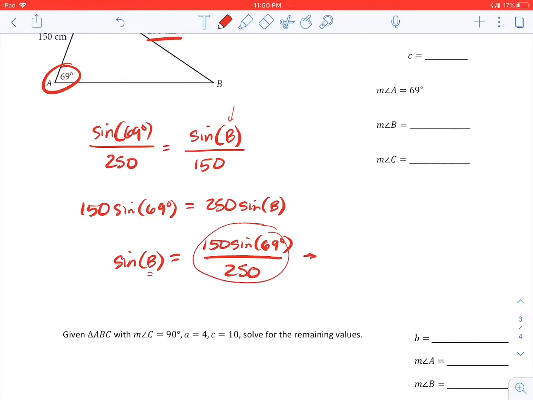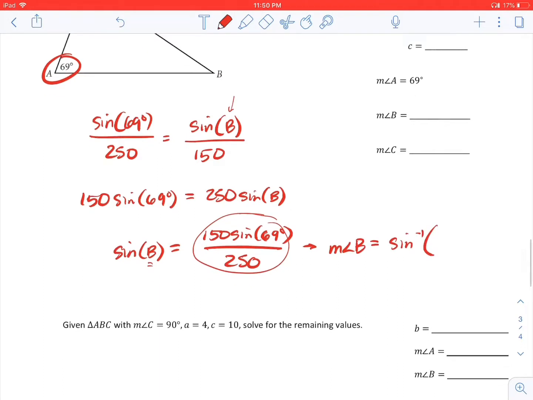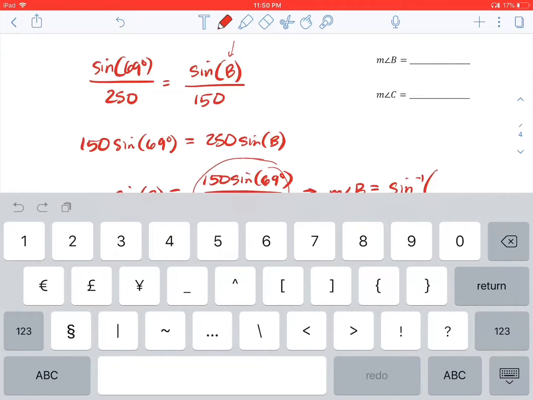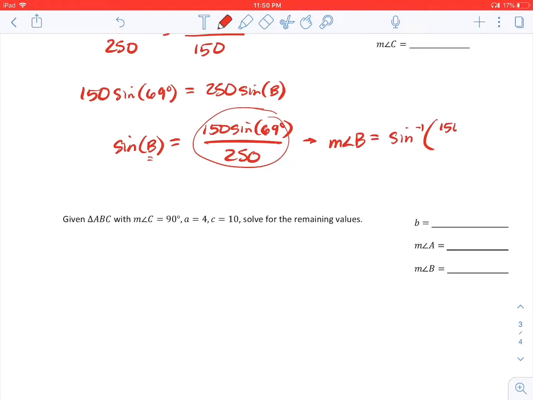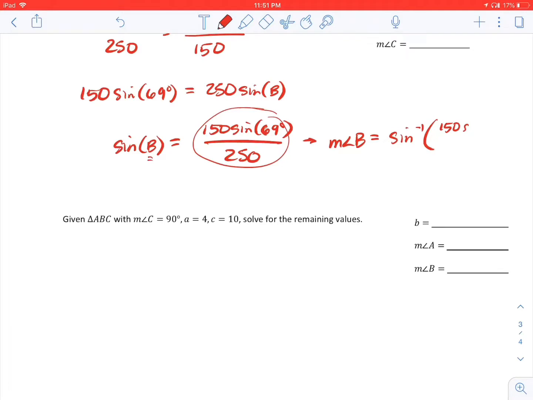So if I want to solve for the angle, I use the inverse trig function: the measure of angle B then is the sine inverse, or the arc sine, as it's sometimes called, of 150 sine 69 divided by 250.